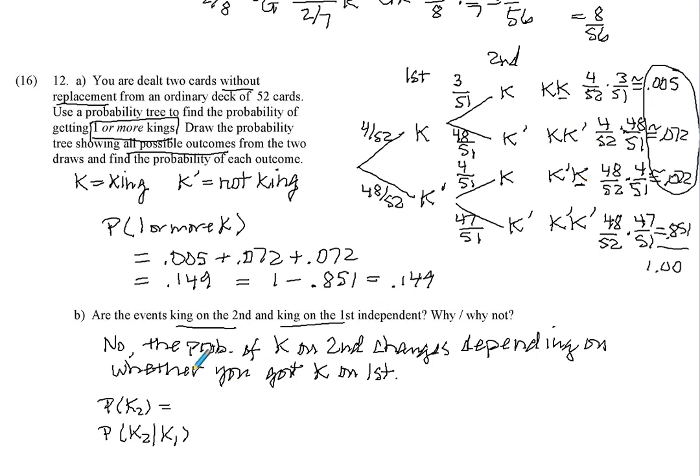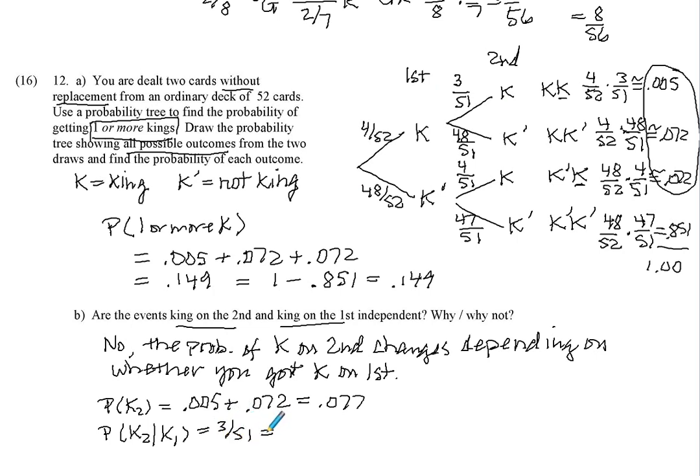So we're going to add those probabilities together. So the probability of king on the second is actually going to be 0.005 plus 0.072, which is 0.077. But probability of king on the second, given that you got a king on the first, is 3 out of 51.